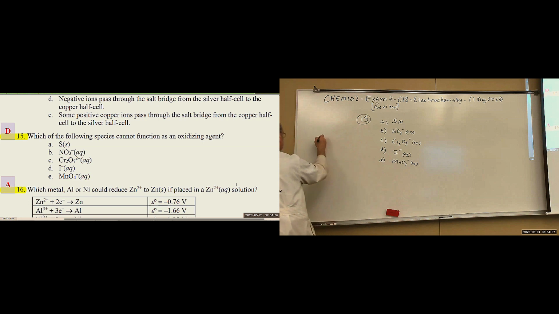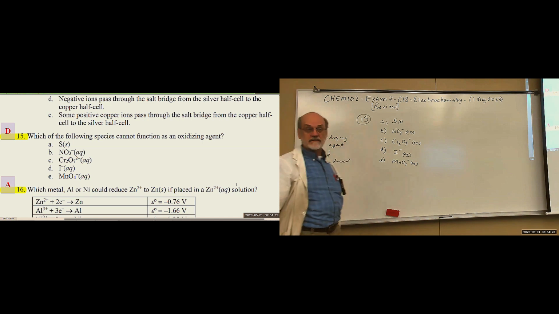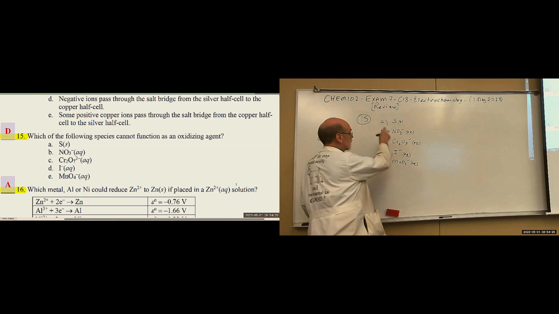So what do we mean by oxidizing agent? What happens to an oxidizing agent? Oxidizing agents are reduced. So which one of these cannot be reduced? Could we reduce sulfur?